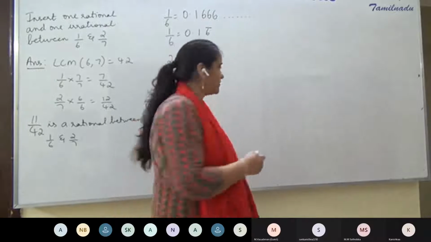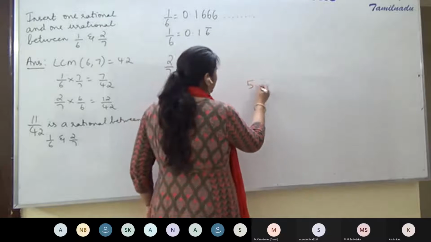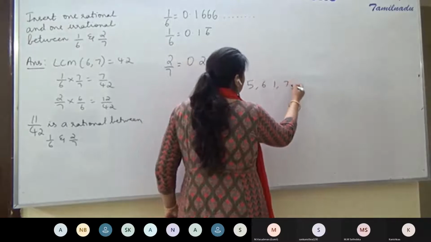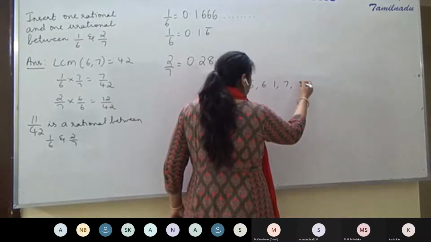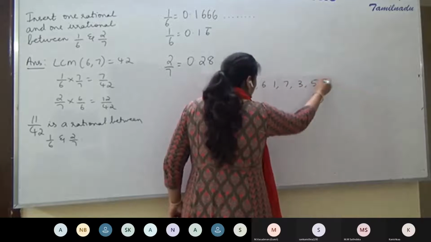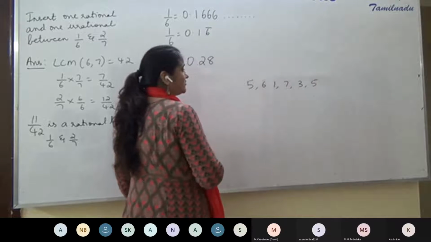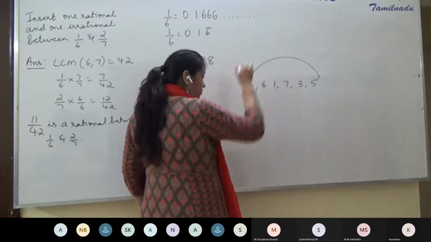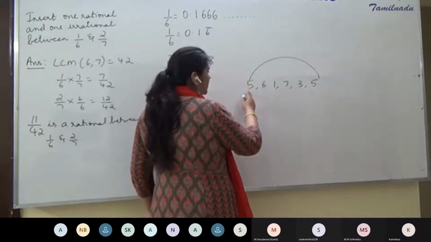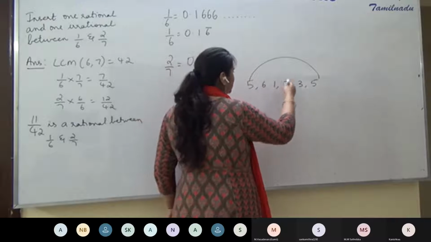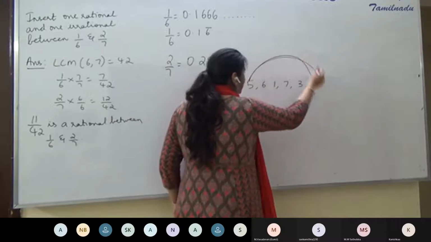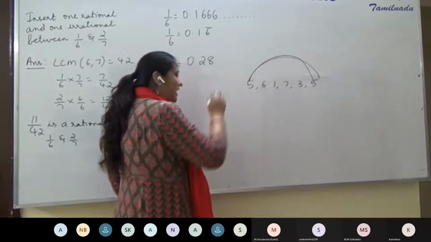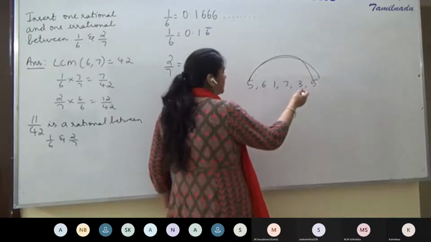So supposing when you divide, you get remainders, say 5, 6, 1, 7, 3, and 5 again. You can stop. When this remainder 5 repeats, you can do one more step and check.